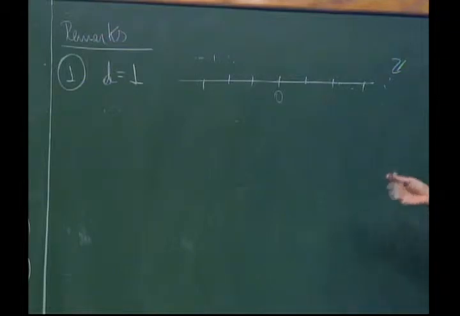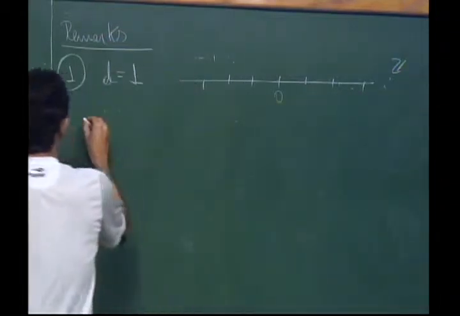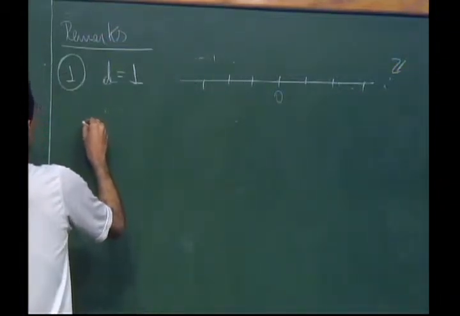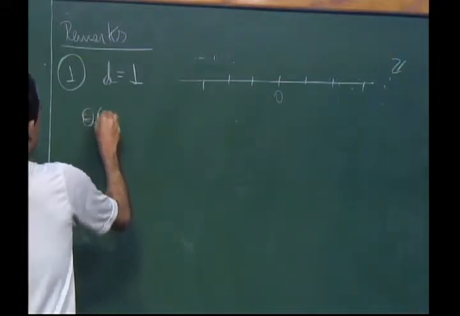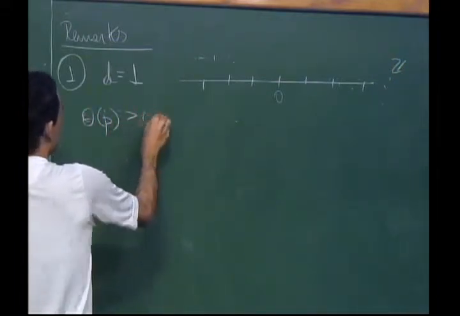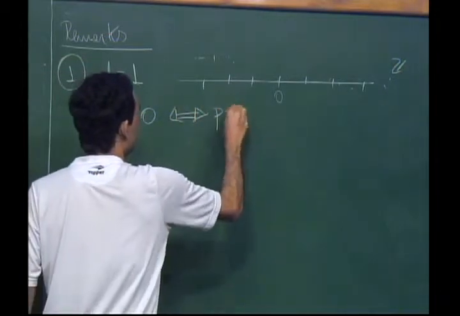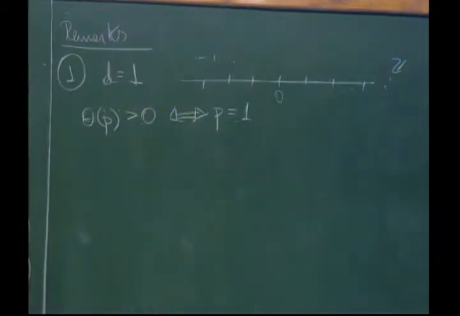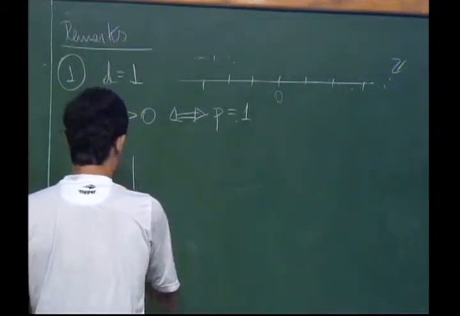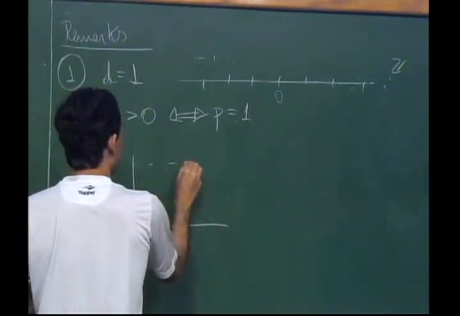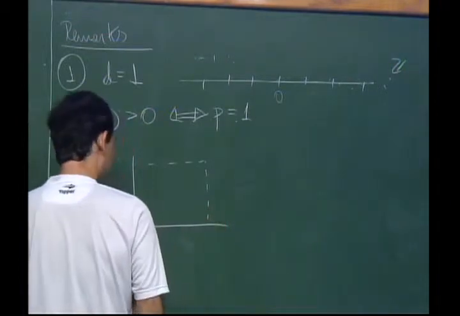And this is true. That is, theta(p) is strictly positive if and only if p is 1. If I draw the graph of this function theta(p), it is something like this.